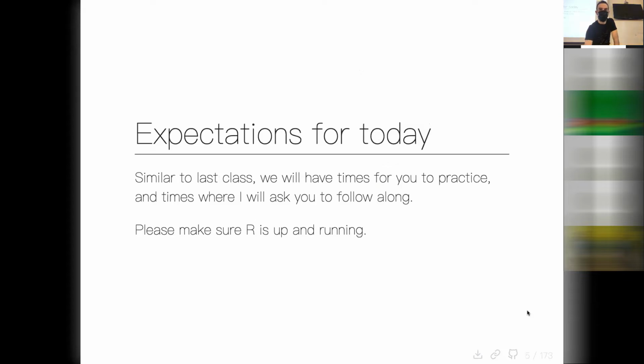Okay. So the expectations for today, this is similar to last class where we don't have a homework or a lab that we're going over because the homework still isn't due for another week. I hope most of you have at least started on that. I know that there are parts of it that we still haven't gotten to. The first one says recreate this plot. Most of you should be able to basically do that, but maybe there are some challenging aspects to that, and we'll talk about it today.